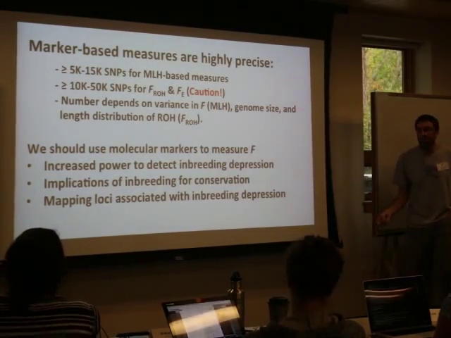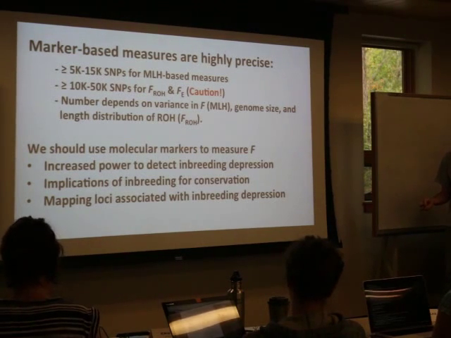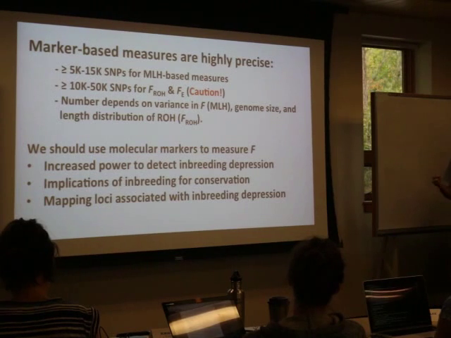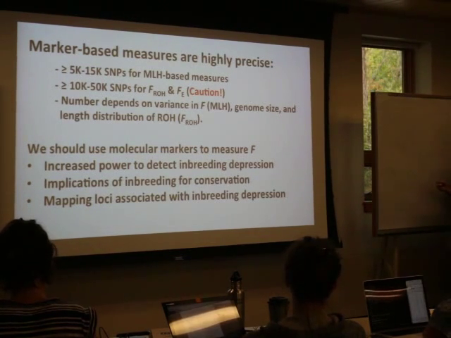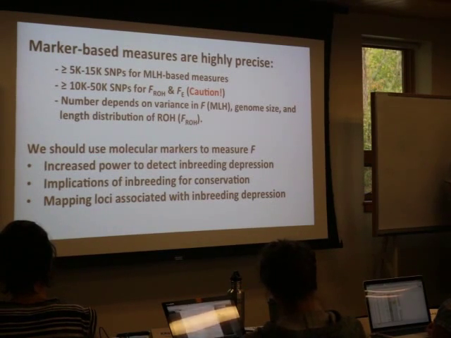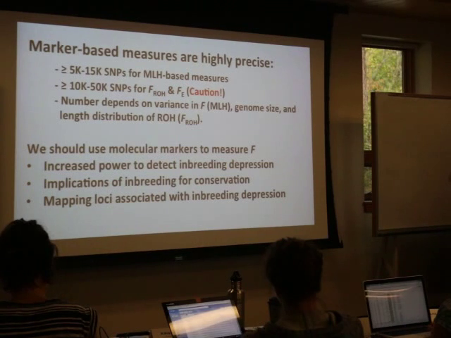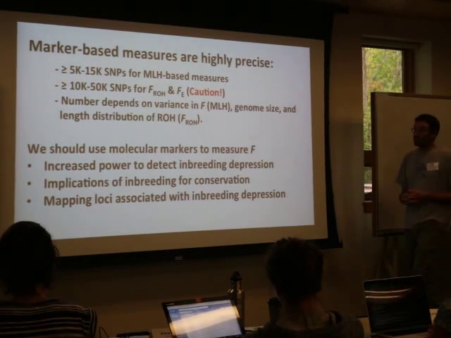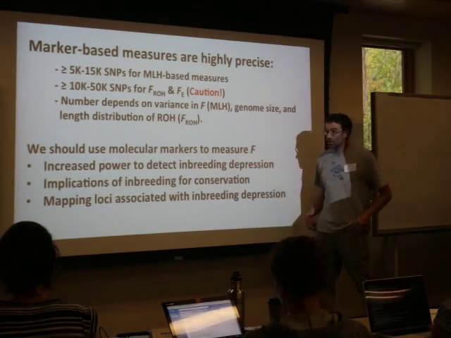The number of loci needed to precisely estimate individual inbreeding will vary from study system to study system, depending on things like the genome size, the variance in realized individual inbreeding among individuals, and the historical demography, which affects the length distribution of runs of homozygosity.